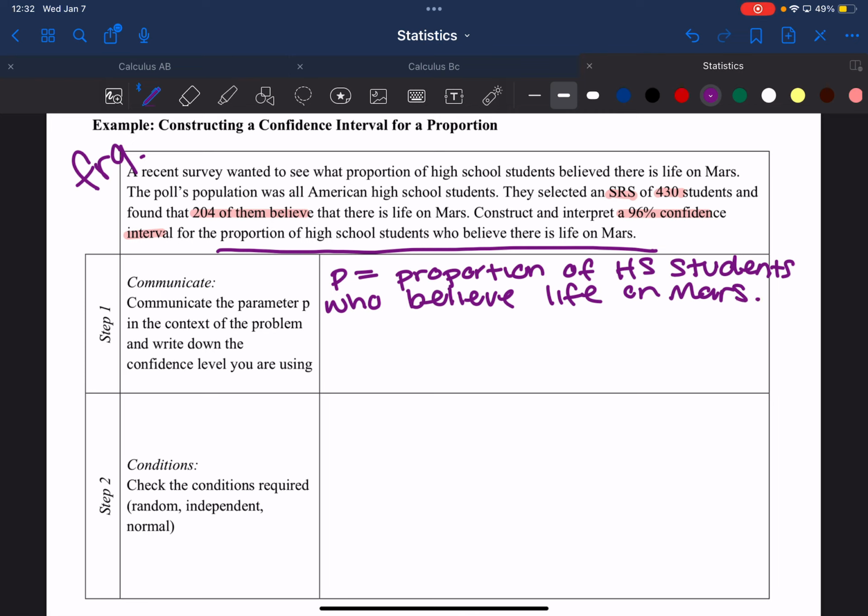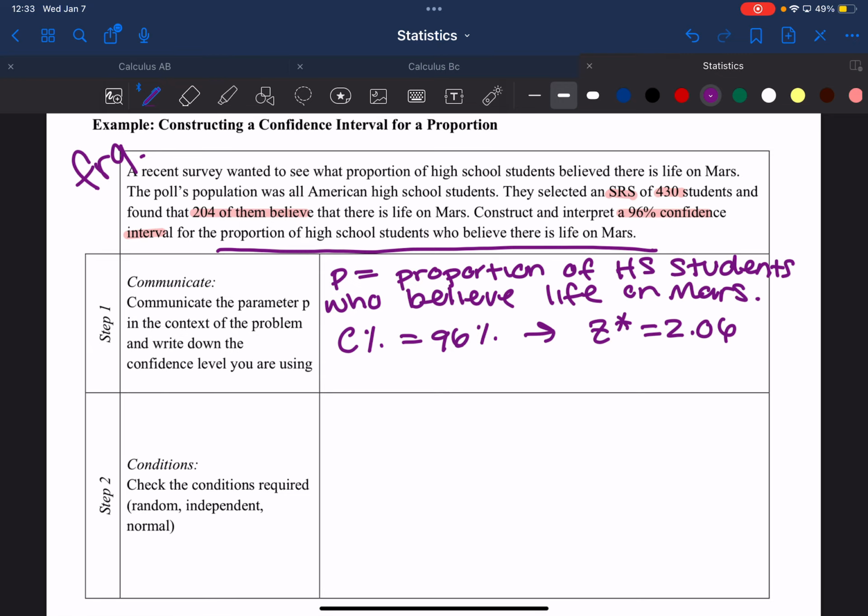Okay. The next thing we're going to do is write down our confidence level. Okay, so that C percentage is equal to 96%. And now that we know the confidence level, we know the Z star value, which you can calculate using Desmos, and that gives us 2.06.